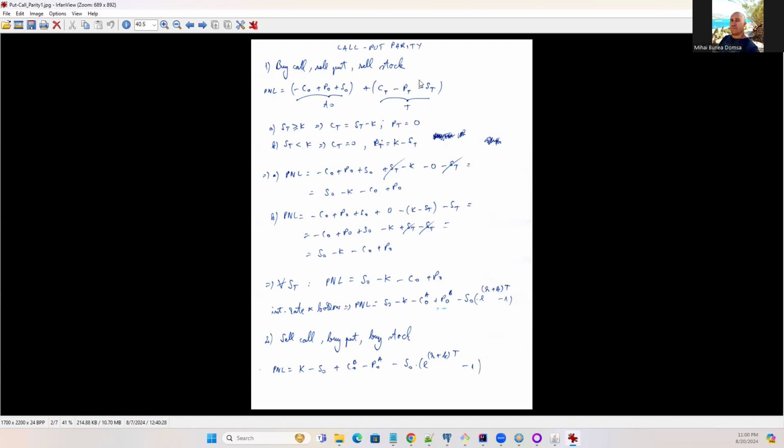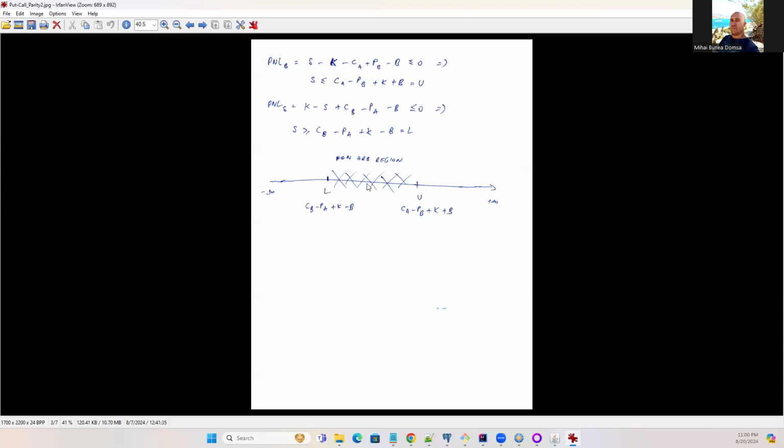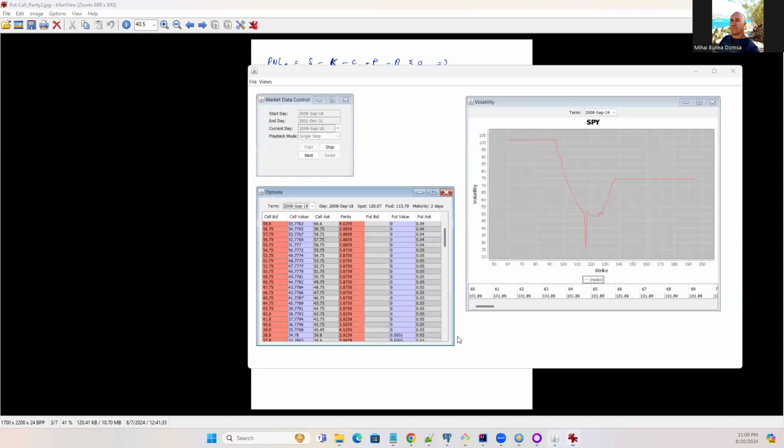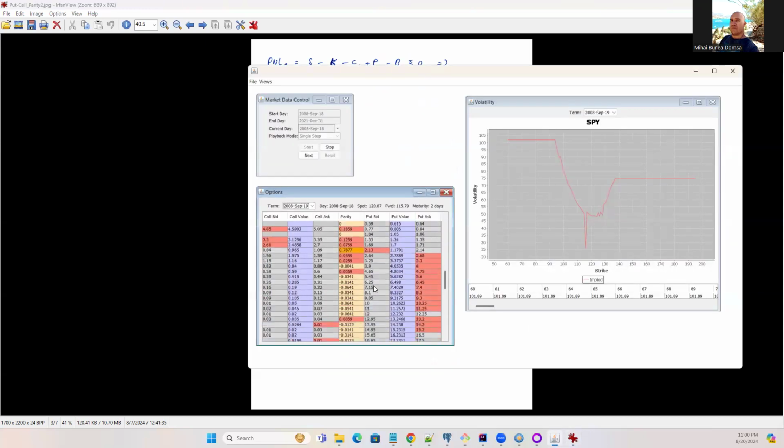In case you do the opposite trades, a virtual short of the stock, and you actually buy the stock to neutralize the position, you have this formula for the P&L. Overall, the P&L for buy is this, and the P&L for sell is this. Under normal market circumstances, this P&L would be negative.